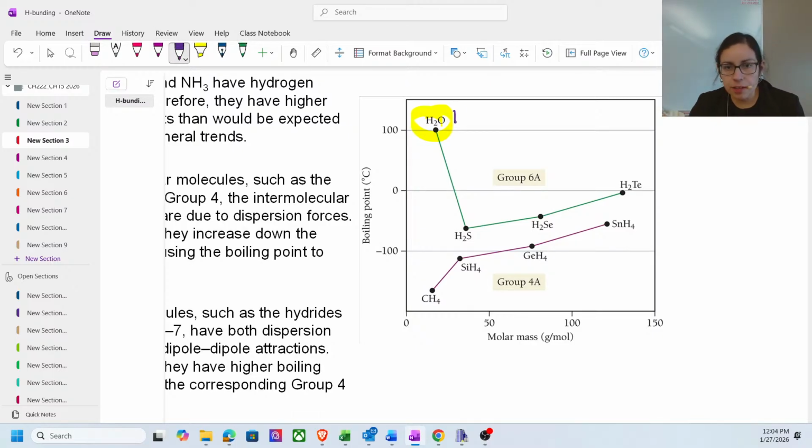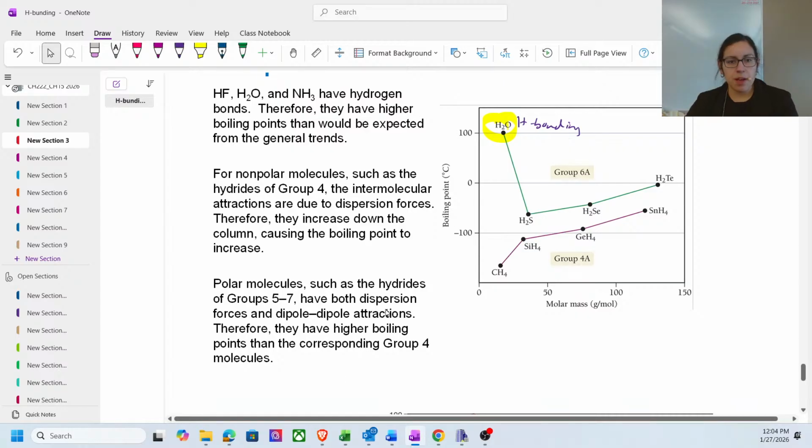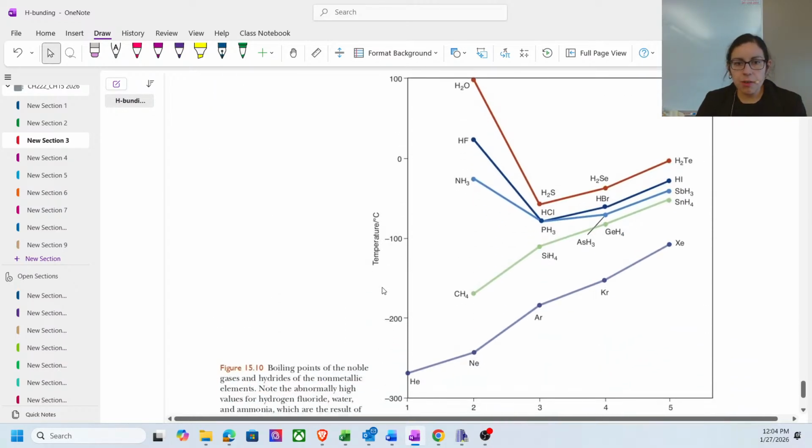Yep, excellent. Looking at our graph, we're comparing our group 4 and group 6 compounds, and everything mainly tracks by molar mass. But the thing that sticks out is, of course, our hydrogen bonding, and it causes quite a disruption with our pattern there. And here's another graph.